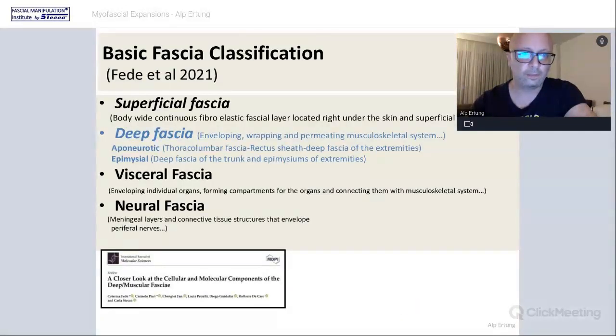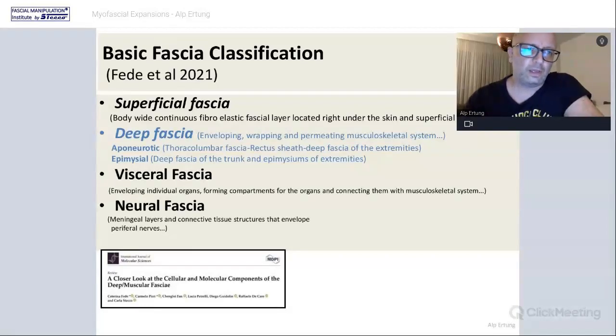So let's see the classification. When we are talking about the myofascial expansions, we are talking mostly about the deep fascia. And as far as we know, we have two different categories. One is aponeurotic and the other is epimysial. We will go over them deeply later.